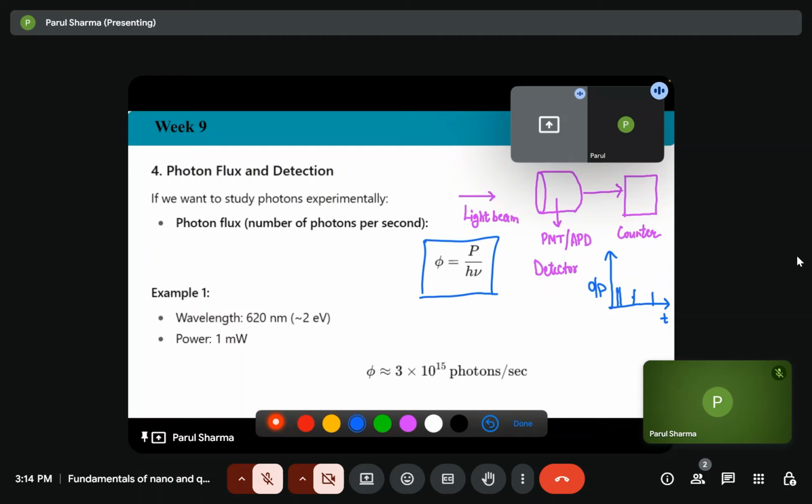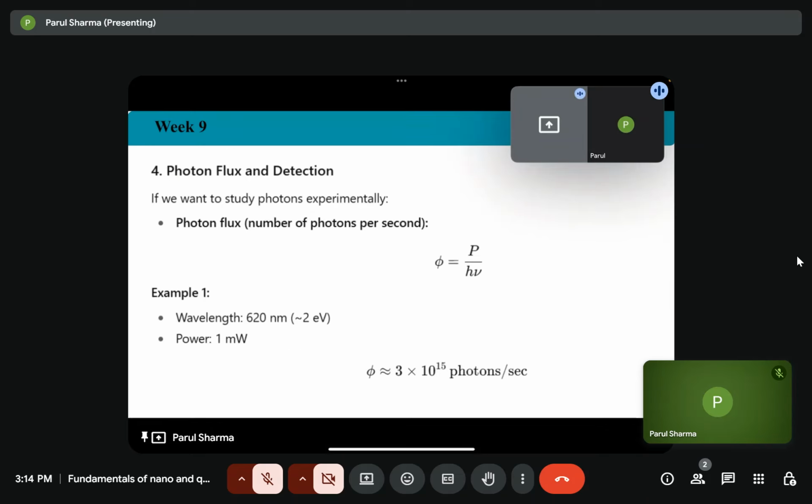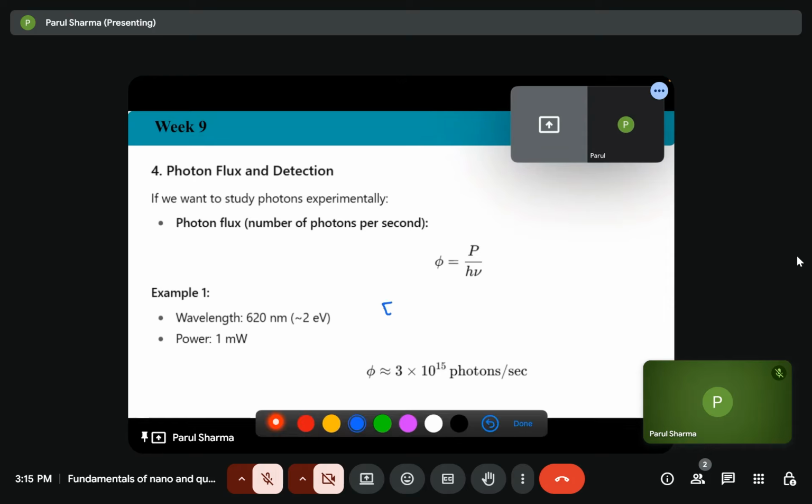So for example, if we have a laser that is emitting at 620 nanometer wavelength, to find out the energy, we have the formula 1.24 upon 0.62.